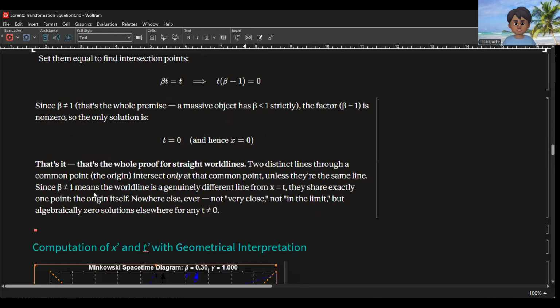Since beta is not equal to 1, the world line is a genuinely different line from x equal to t. So they meet at exactly one point: the origin itself, nowhere else ever, not very close, not in the limit, but algebraically there is no solution elsewhere for any t not equal to 0.